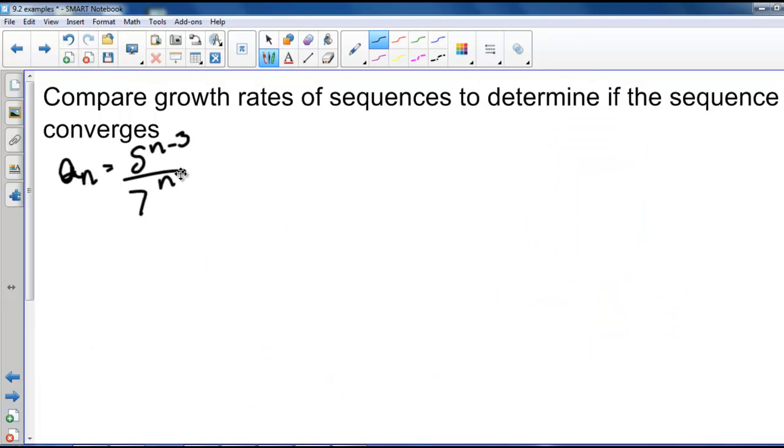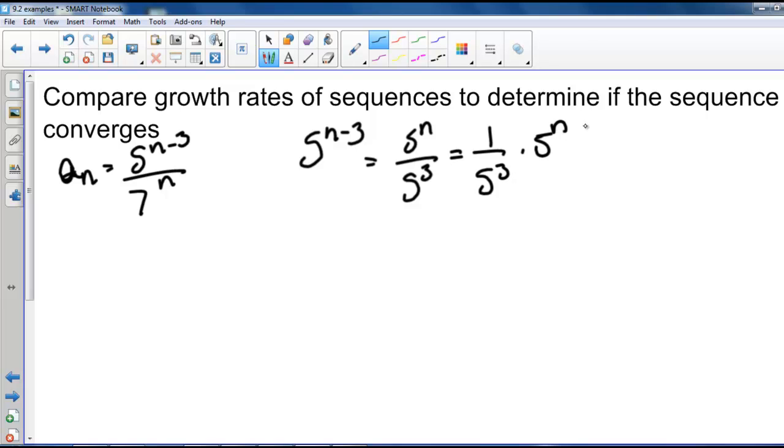Here we have the sequence a sub n equals 5 to the n minus 3 over 7 to the n. First we need to note that 5 to the n minus 3 is equal to 5 to the n divided by 5 cubed. So we're going to rewrite this as 1 over 5 cubed times 5 to the n.